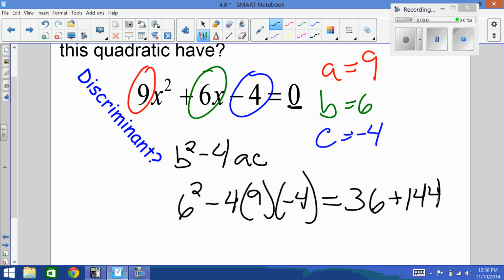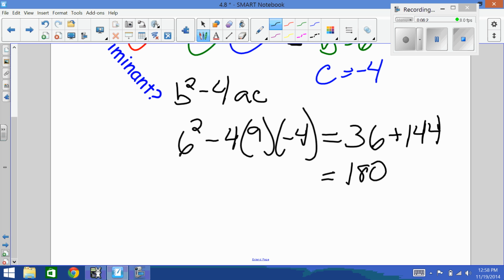So 36 plus 144 is 180. Now that is positive, it's positive 180. So that means it's greater than 0 because it's positive. Therefore it's 2 real solutions. You must show your work.